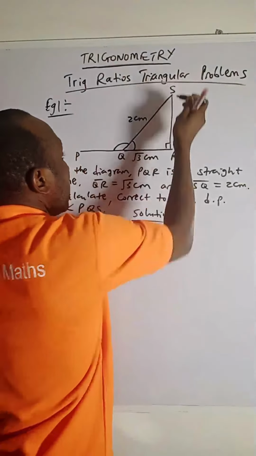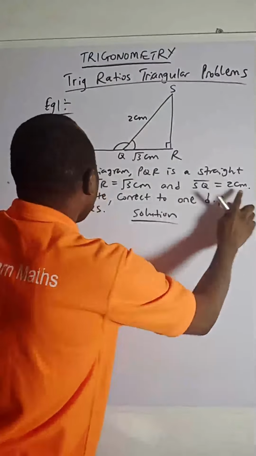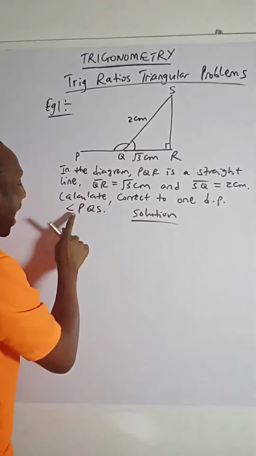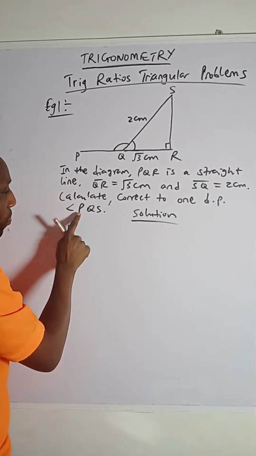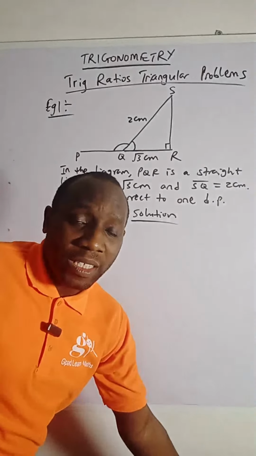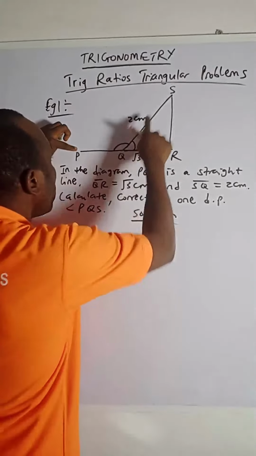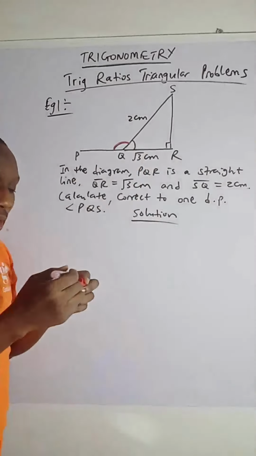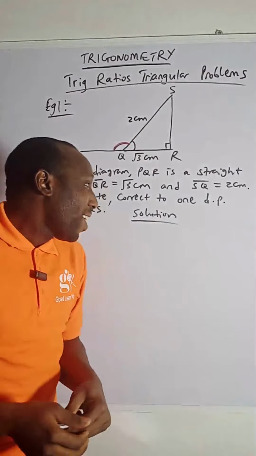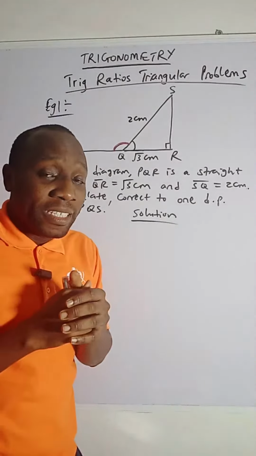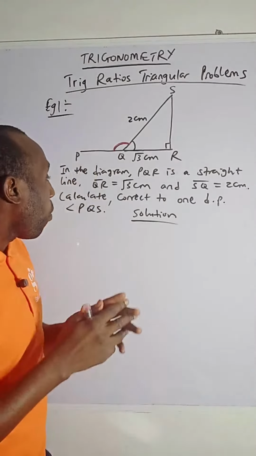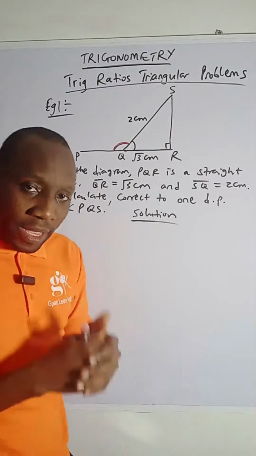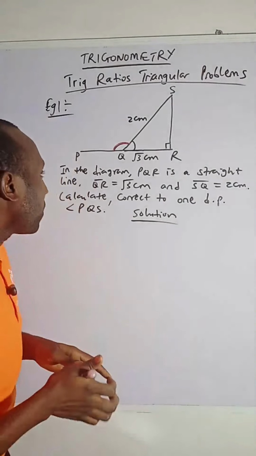This is S. Calculate correct to 1 dp this angle PQS. You have to be able to identify the angle PQS. That's this angle here. Are we together? All right, so we are able to identify the angle. What we want to do now is to get the size of the angle.